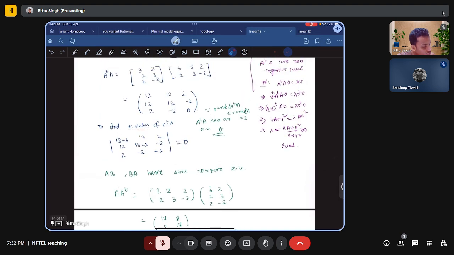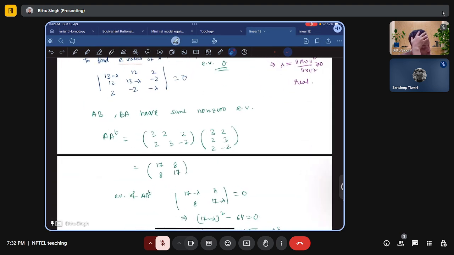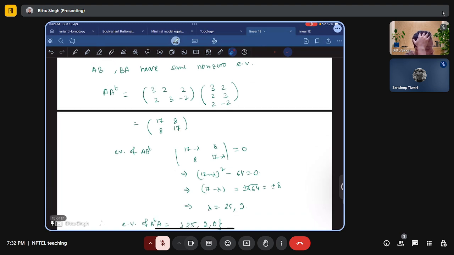3 2 2 and 2 3 minus 2. First one is 17: 9 and 4, 4, 8. 17, it is okay. 6, 6, 12 minus 4, 8. It is also okay. So this is also correct. So where is the mistake? So 17 minus lambda, whole square, minus 64 is 0.